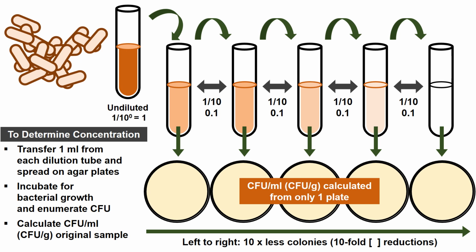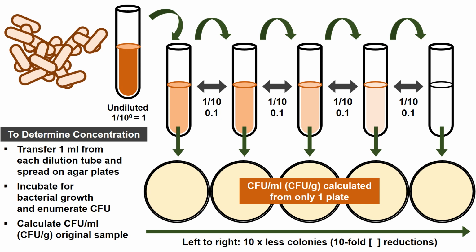That's important. To this point, as a quick little summary, we've taken a concentrated sample of bacteria that we wanted to know the concentration of from a orangey tube. We created 1, 2, 3, 4, 5 10-fold dilutions by taking a mil from one tube, adding it to 9 mils of a solvent, mixing, then transferring and repeating.